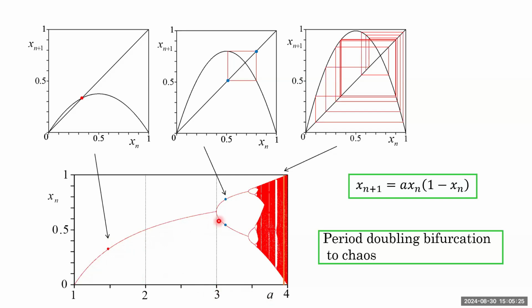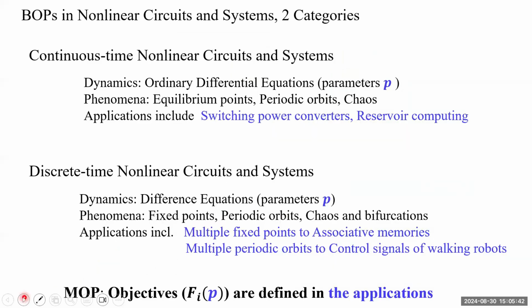As A increases, the fixed point bifurcates to a period 2 orbit, this cycle, and then to chaos. This is period doubling bifurcation to chaos, a very famous example. Even in this very simple difference equation, the system exhibits various nonlinear dynamics.